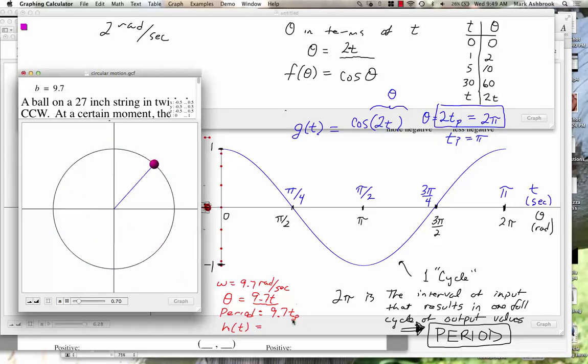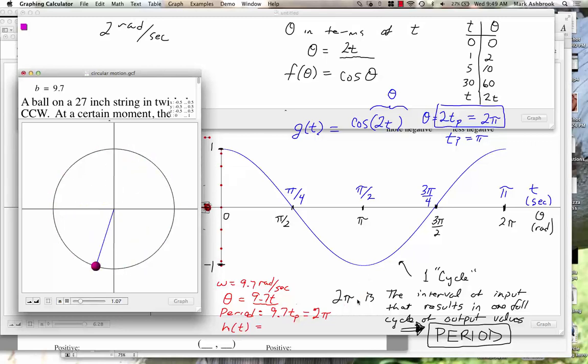Specifically, if t is the period, then what angle measure is that? That's what Jad said. So if we want the time period, then the corresponding angle has to be 2 pi, because we know 2 pi gives us 1 period of cosine.